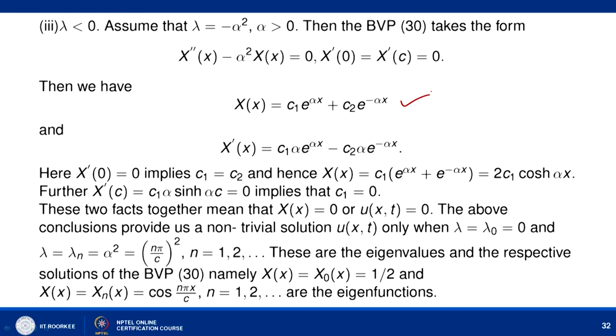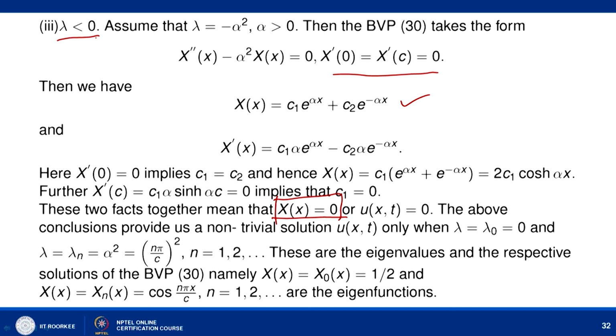I leave it to you that when you put the condition X dash 0 equal to X dash c equal to 0, then we have only X of x equal to 0. So we have only a trivial solution, and we do not want a trivial solution. So it means that lambda less than 0 gives no eigenvalues.